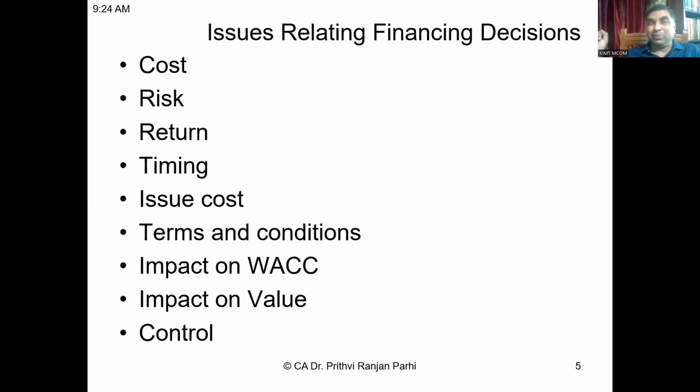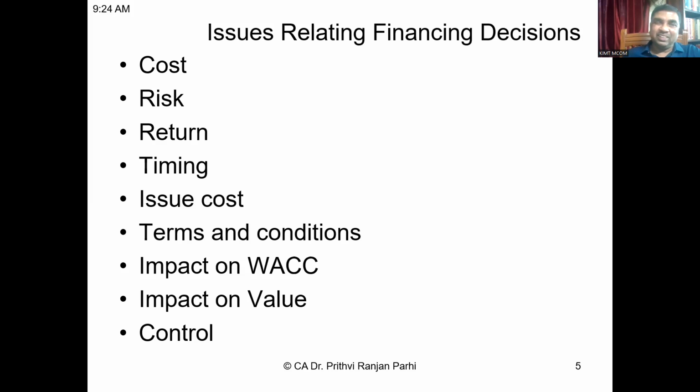So this is one more issue. It's not that just like that I'm taking financing. When I'm taking a financing decision, I need to know what is the cost of each source. What is the risk associated with each source? Suppose I have taken a debt, but I'm unable to repay it. I do not have sufficient cash flow to pay EMIs or to pay interest on bonds. I'm taking a risk.